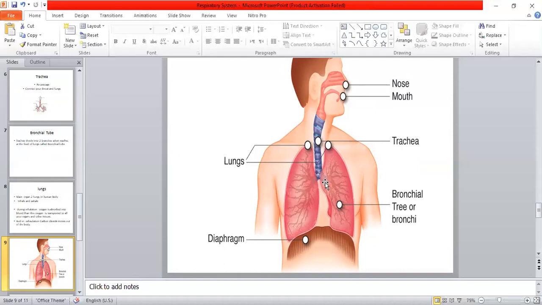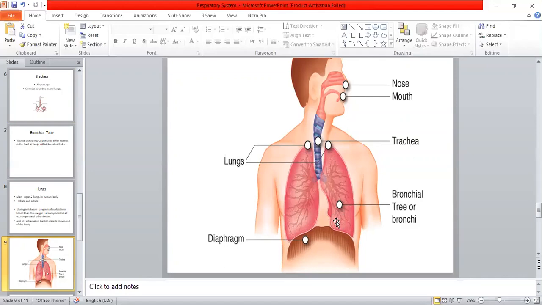Now you can clearly see that when the bronchi enter the lungs, they are further divided into very, very small tubes called bronchioles. This is also called the bronchial tree.